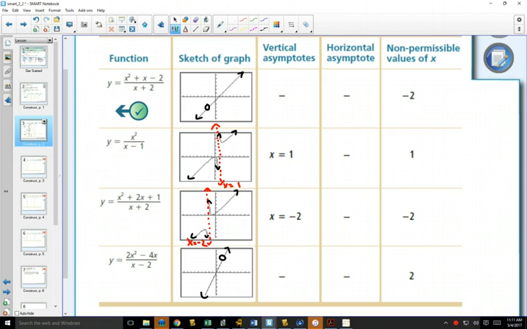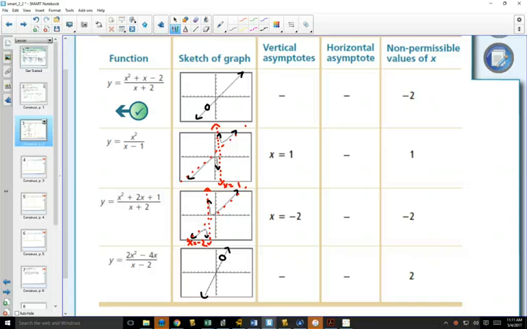We're going to find out later that these two in the middle also have something called an oblique asymptote, or a diagonal asymptote. But we don't know how to do that or what that is yet. I'm just going to introduce that idea to you. So the question on these ones, what I'd like you to do is look for a pattern.